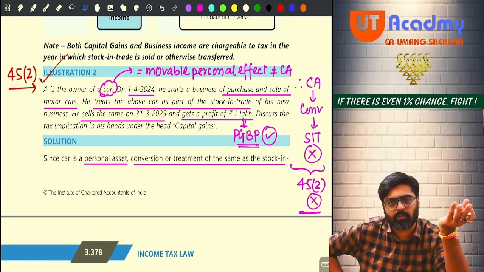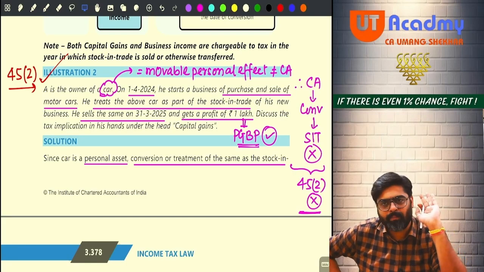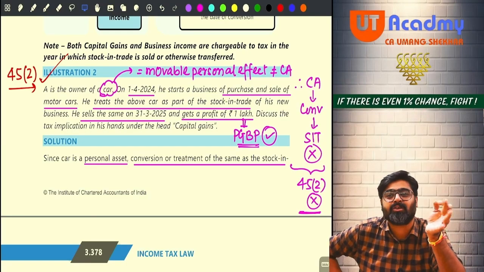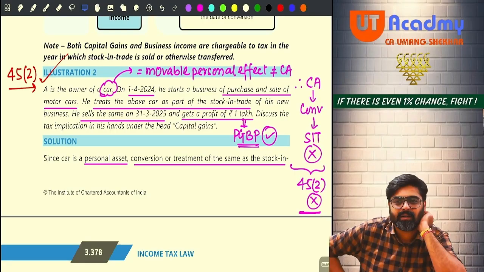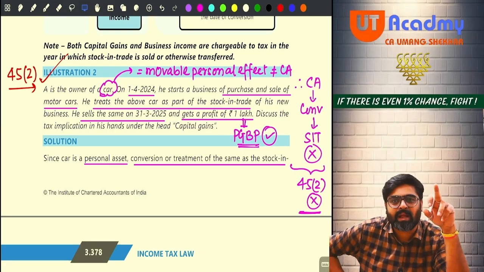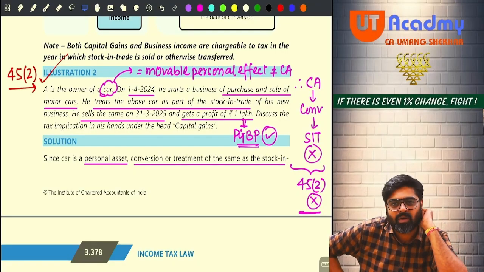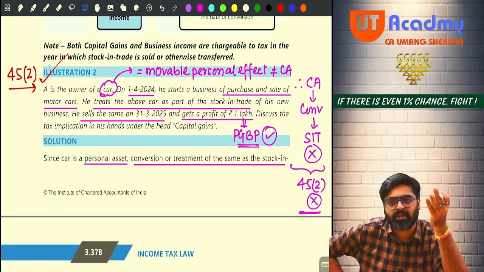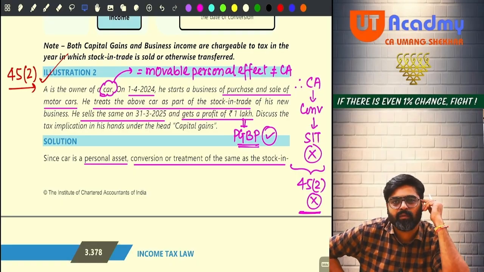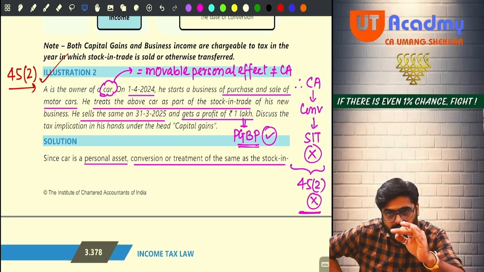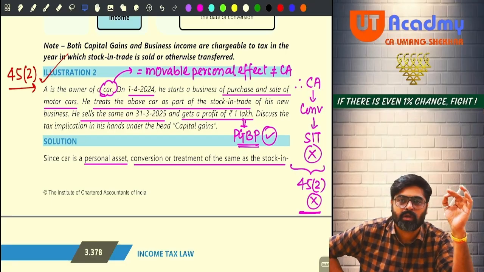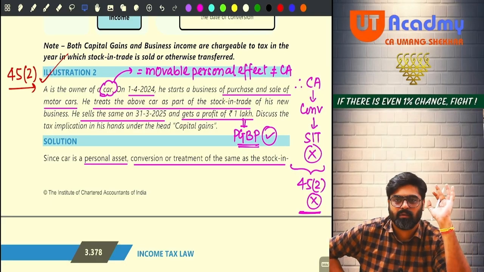So just because of converting, there will be capital gain? Conversion of a capital asset should happen into stock in trade. When you transfer a capital asset, then capital gain arises. So when you convert a capital asset, then only 45(2) will arise, no? The transferred asset is not your capital asset only. Hence, on conversion, 45(2) will not be attracted.